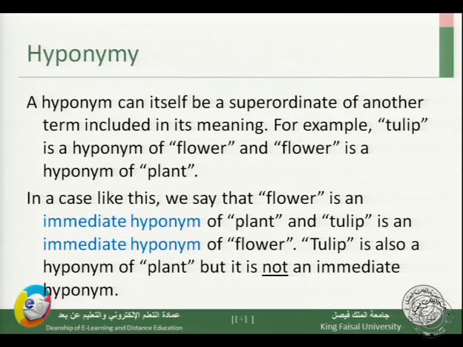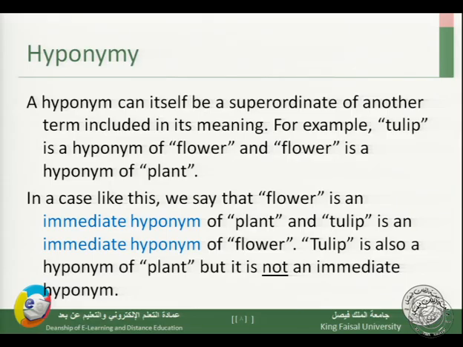A hyponym can in itself be a superordinate term for another hyponym. So to make this clearer, the word tulip, we said, is a hyponym of flower. Flower in itself is a hyponym of plant. So we have plant, and plant is a superordinate. Under plant we have flower.